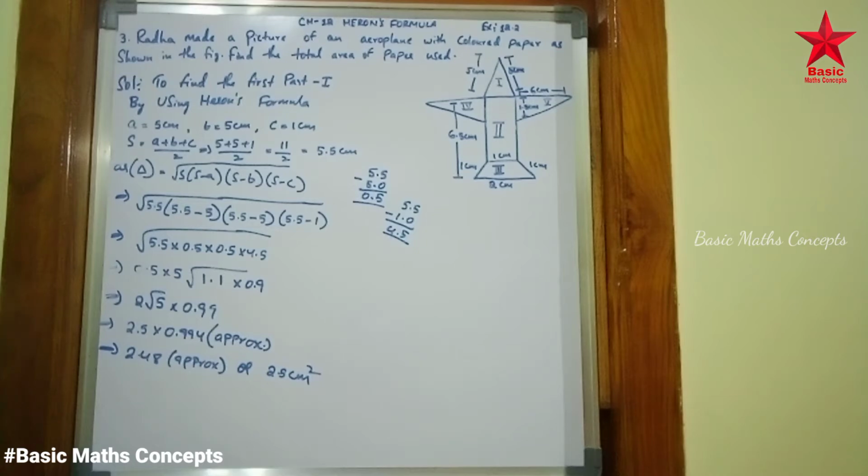So we have found the first part. The area of the first part is 2.5 centimeters square.